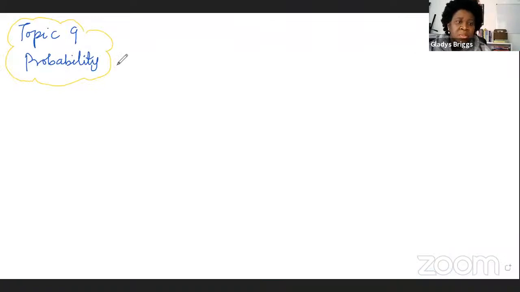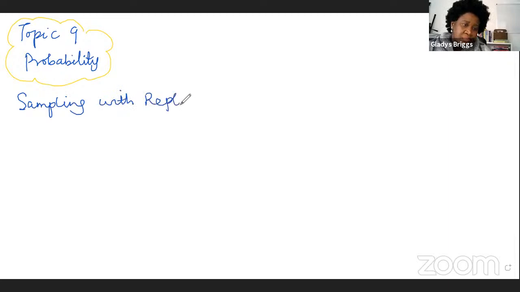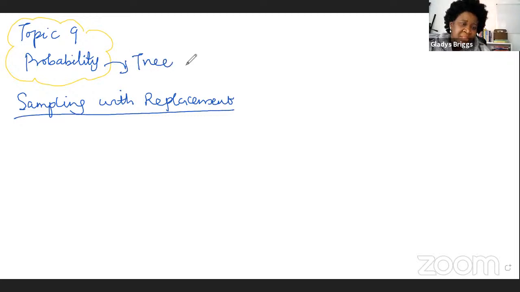Okay. So I'm going to say sampling with replacement. And we're looking at probability tree diagrams.